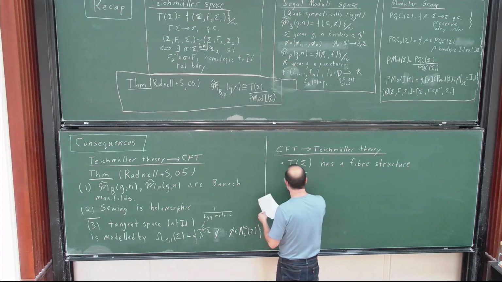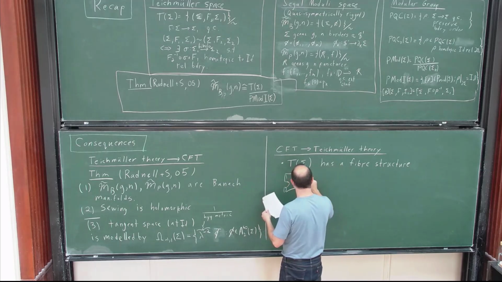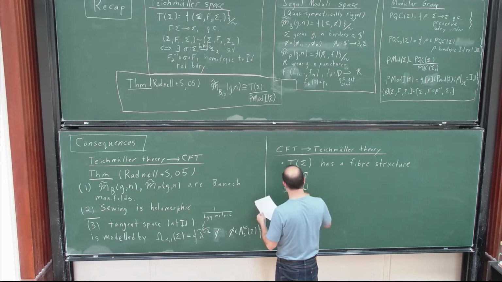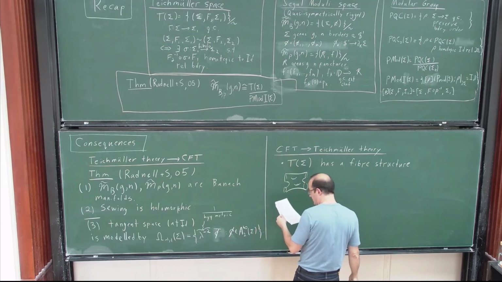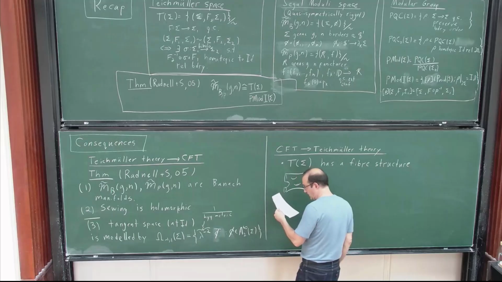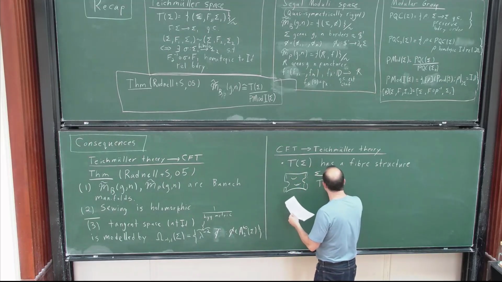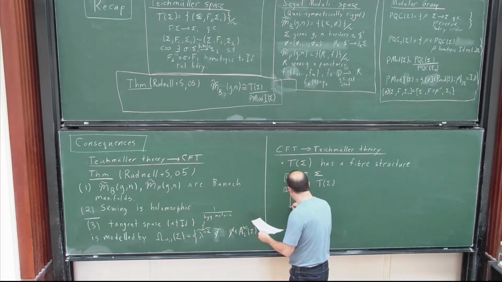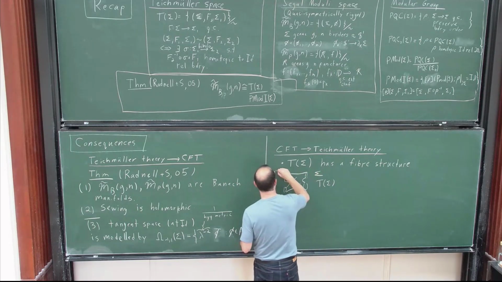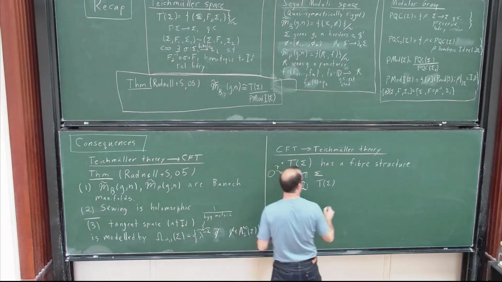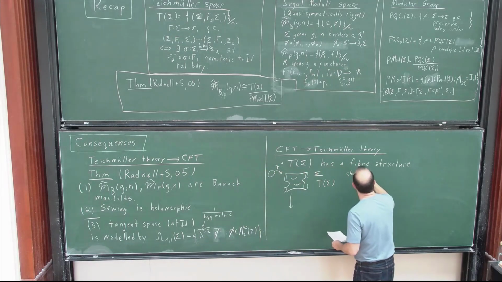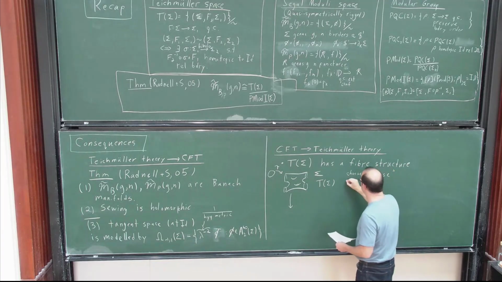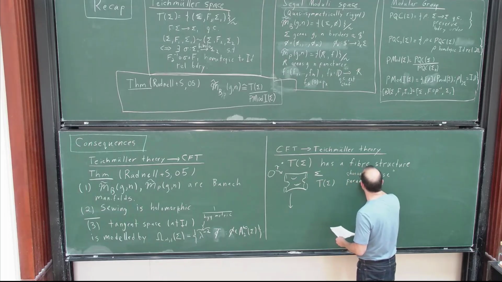Let me draw a picture. So if you look at the Teichmüller space of the bordered surface, and if you decide to sew on some caps, you choose a base rigging tau.